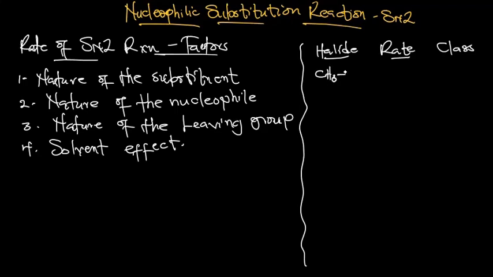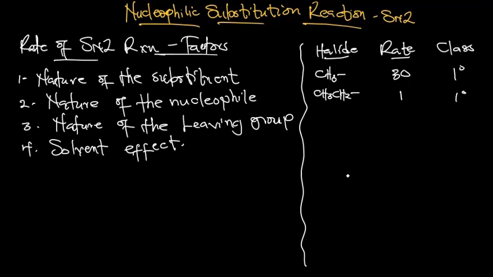So CH3, the methyl group, the rate is going to be like 30 times, and this is a primary class of halide. And if we have CH3CH2, the ethyl group, this is also a primary class, we have the rate to be 1.